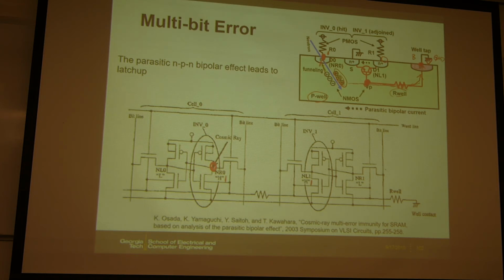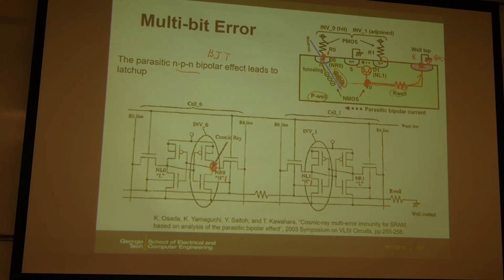This is some positive voltage. If your substrate is positively biased at this location, then you will have this parasitic BJT, bipolar junction transistor, because all the sources and drains are N plus doping, and if your substrate is P-type, this is an NPN BJT. The problem is that if the substrate is positively biased, then the BJT is turned on.